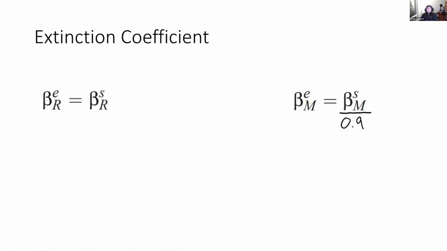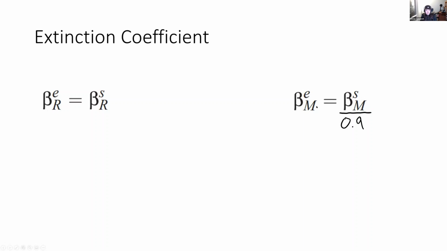So the other important coefficient to know is the extinction coefficient. So this is basically saying if the scattering coefficient is how much light gets scattered away at a point, the extinction coefficient is how much light gets lost. So for Rayleigh scattering, no additional light gets lost. It's just however much light scattered away, that's how much you lost.